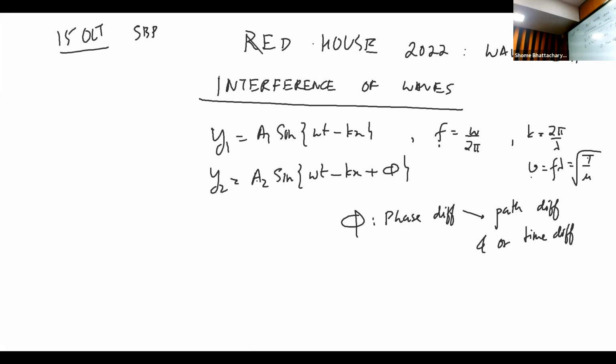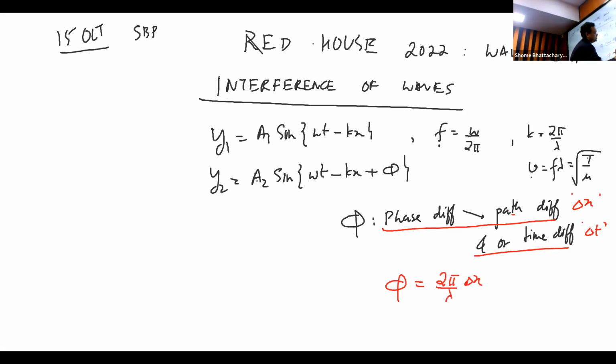All right, so anyhow, so let's continue with that. So the important thing that we are talking about is the calculation of this phase difference, okay, which comes in terms of, okay, it can be because of path difference. In that case, path difference is delta x, or it can be because of the time difference between the two sources, which can be delta t. Okay, so in general, the phase difference can be as a result of path difference, which will create a phase difference of 2 pi by lambda into delta x.